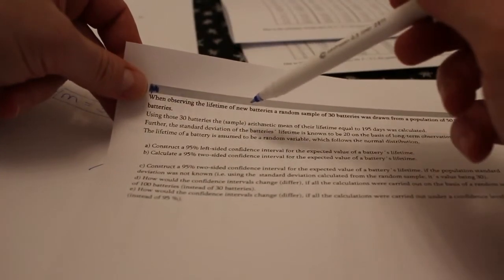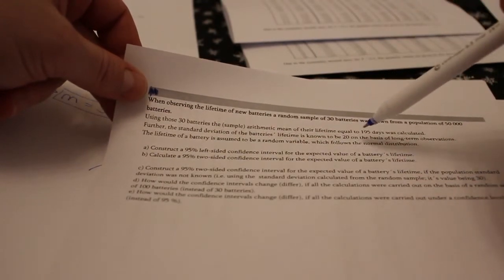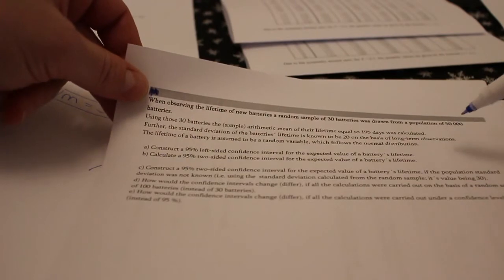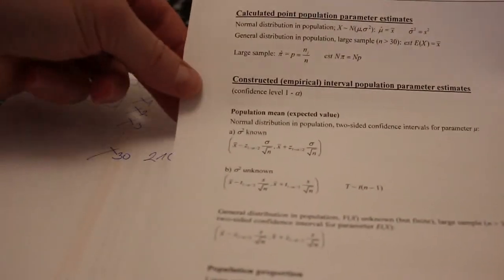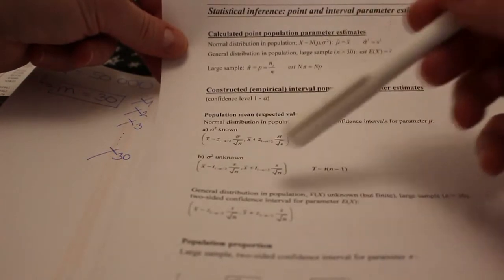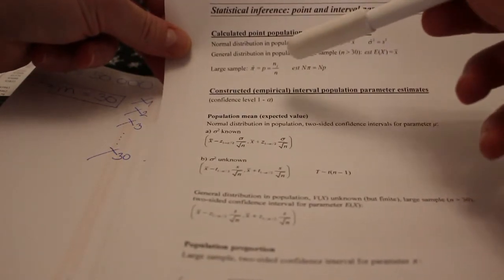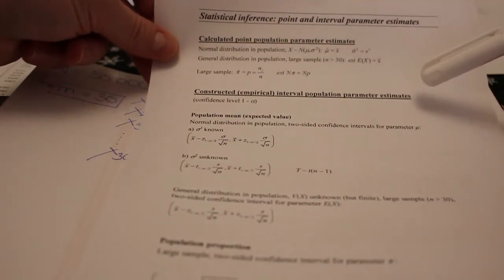Further, the standard deviation of the battery's lifetime is known to be 20 on the basis of long-term observation. I will check your formulas, and we can find here formulas for construction of empirical interval population parameter estimates.